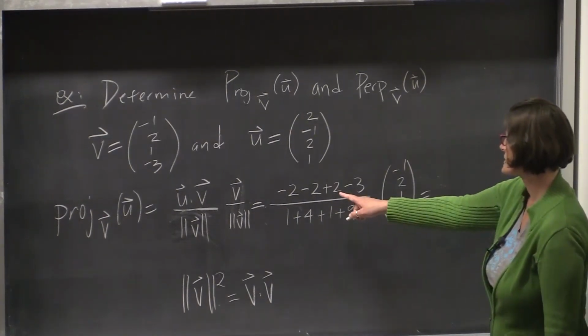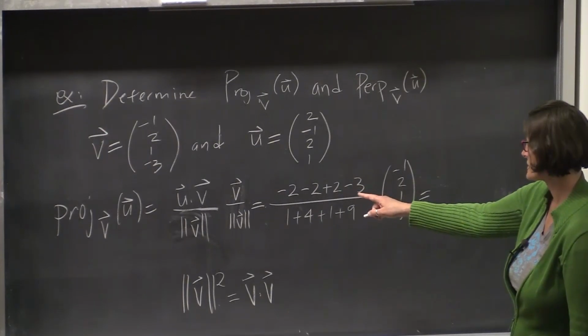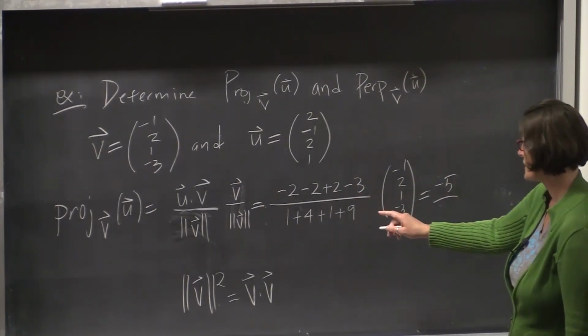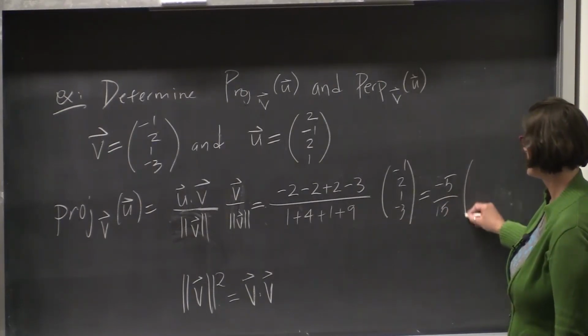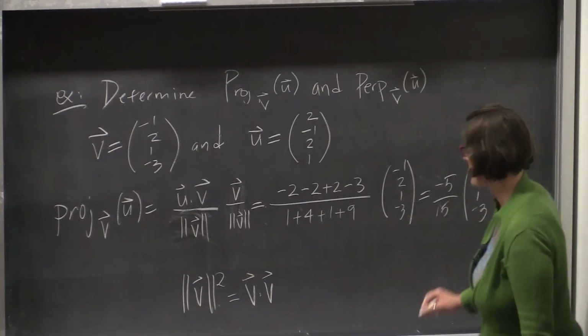So this is minus 2 plus, so that's minus 5 over 15, minus 1, 2, 1, minus 3.